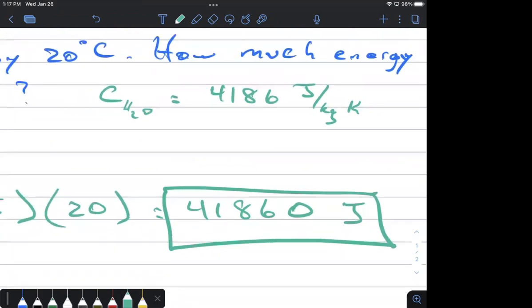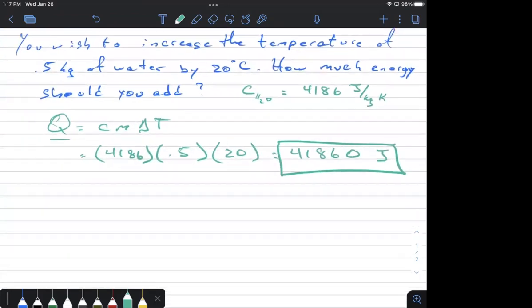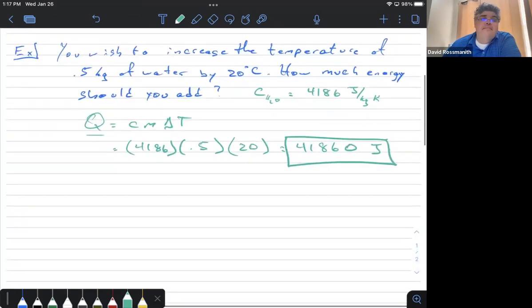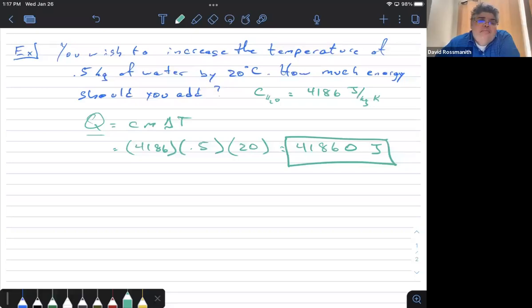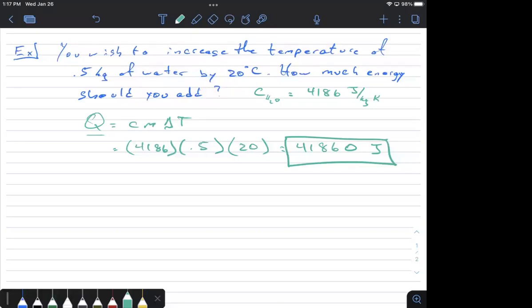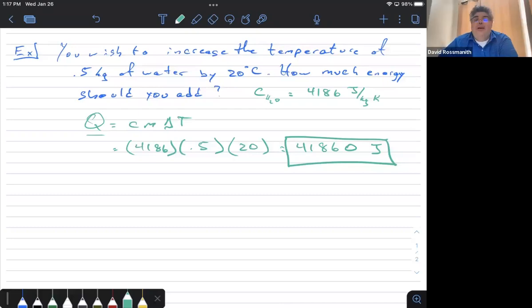I have a quick question too. Sure. I know the problem said increase in temperature, but with the 20 degrees Celsius, since it wasn't stated before, that would technically be the final minus initial, which is the 20 degrees Celsius. That's right. In this case, I didn't need to write final minus initial, because I was told the change is 20.